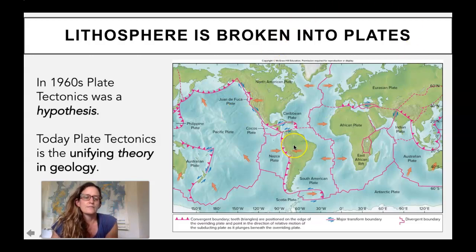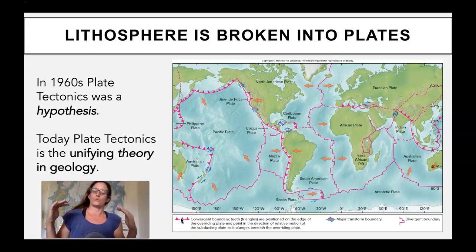On this map, the plate boundaries, where one plate touches another, they have three different kinds on here. The ones we call teeth, those little triangles, that marks a convergent plate boundary where plates are coming together.